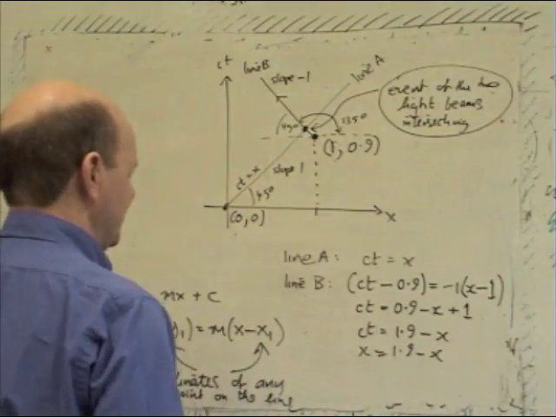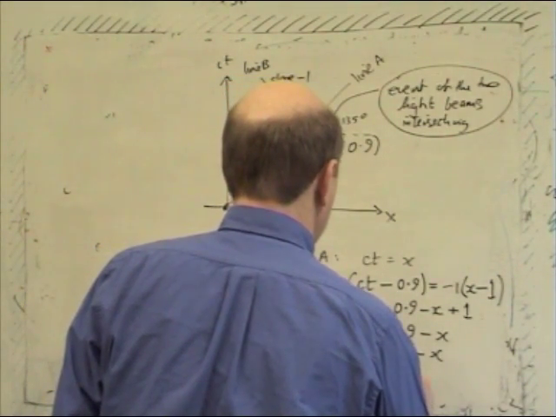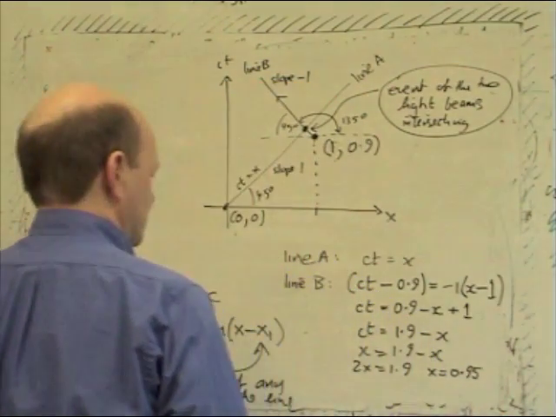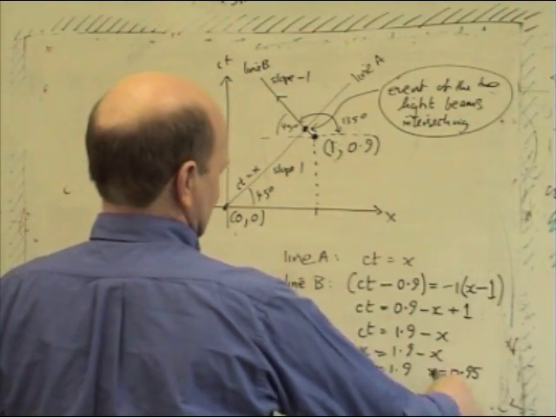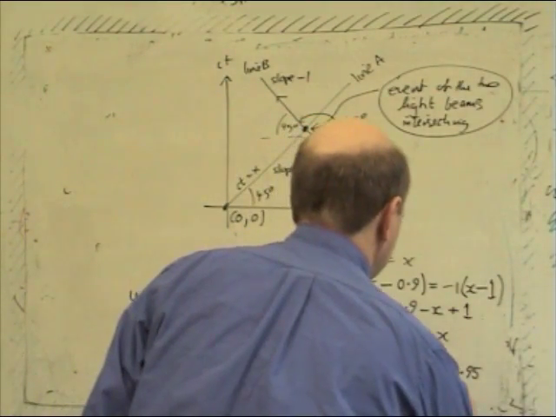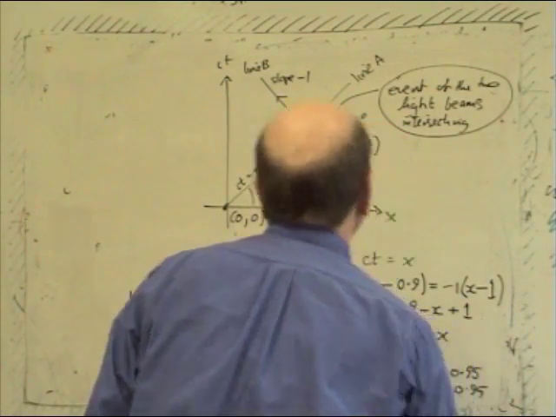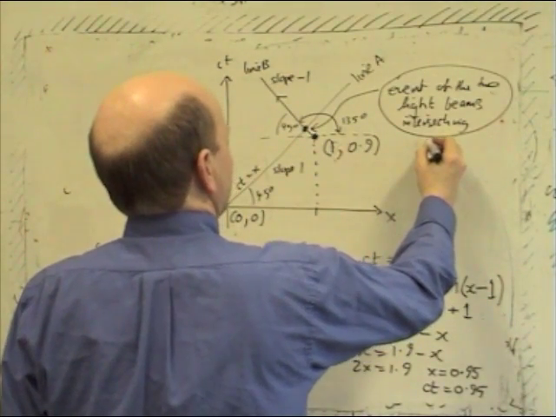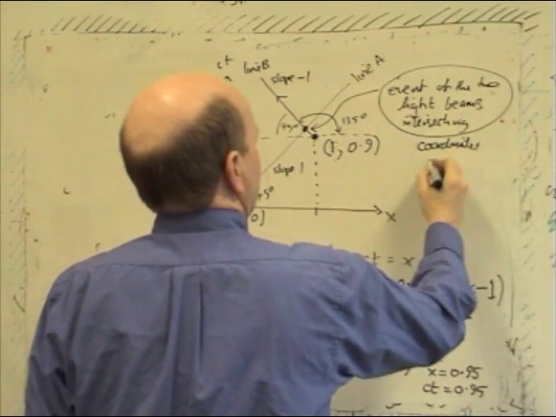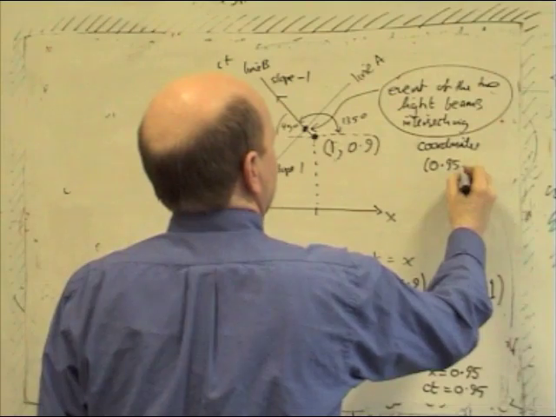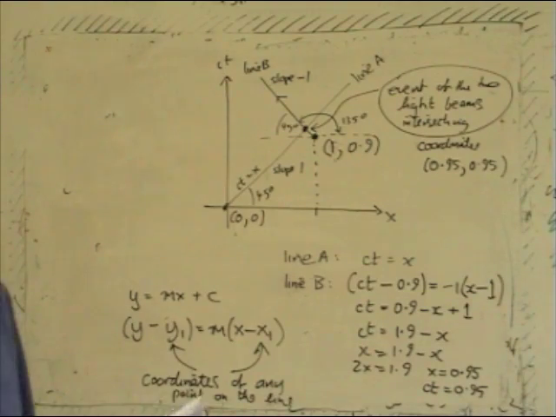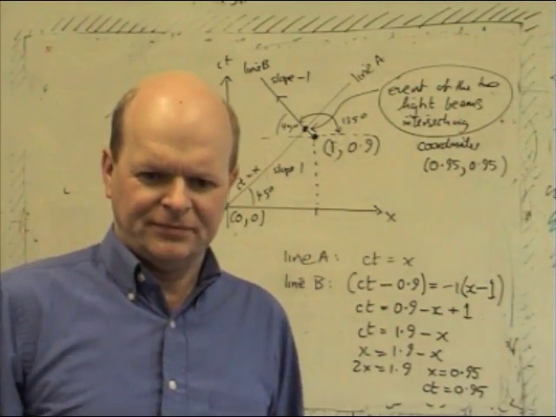That's an equation for x. So 2x equals 1.9, or x equals 0.95. But because x is 0.95, and because of the equation of line A, x equals ct, that means that ct equals 0.95. So the coordinates of the point of intersection of the two light beams are 0.95, 0.95. And that's the answer to part D of question 6.